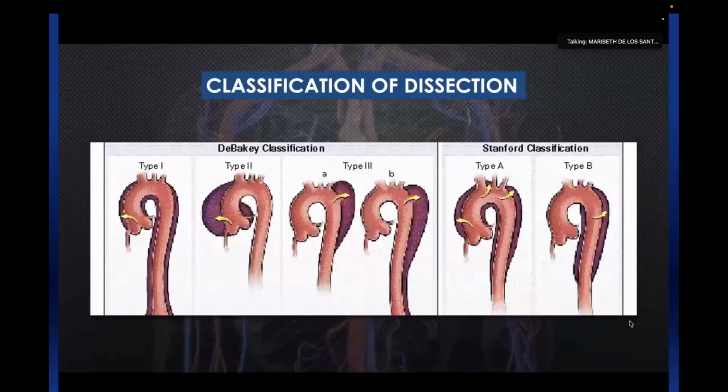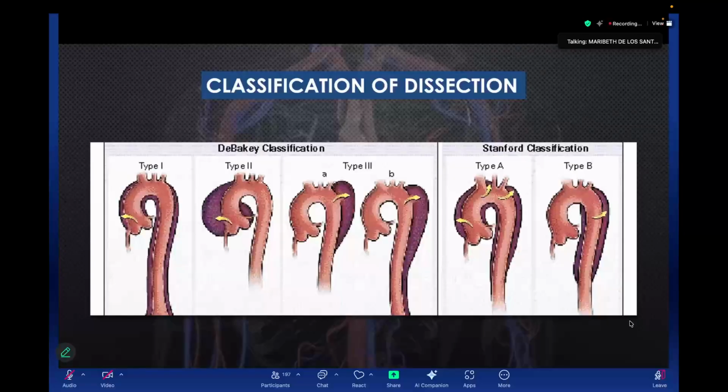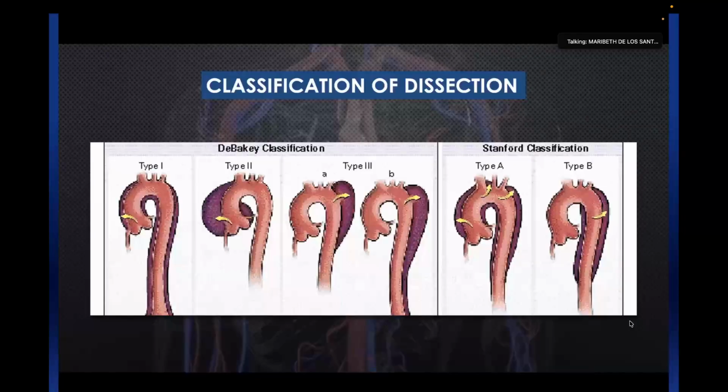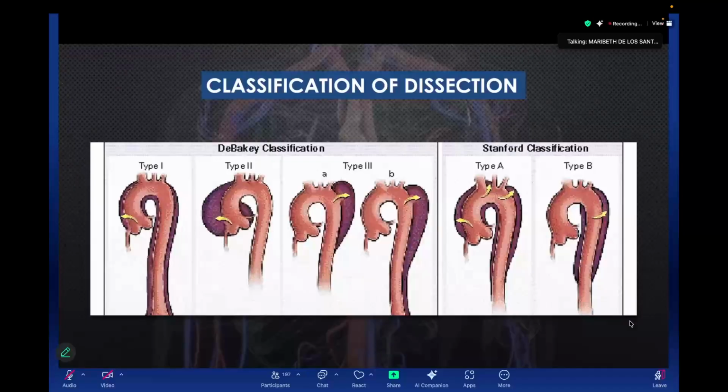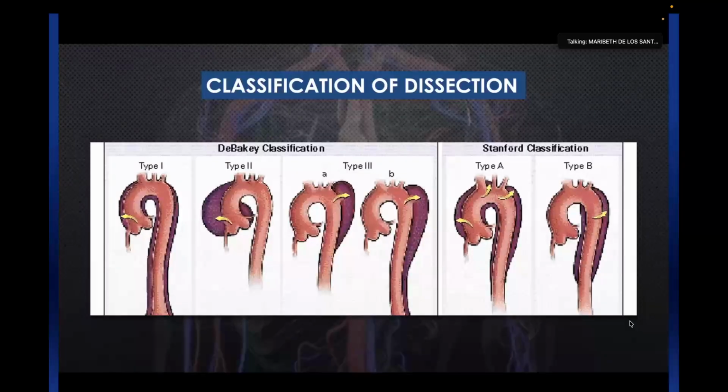While the DeBakey classifies aortic dissection into type 1, type 2, and type 3. Type 1 originates in the ascending aorta and propagates at least to the aortic arch. They are typically seen in patients under 65 years and carry the highest mortality, quoted at 1% per hour in the acute setting.